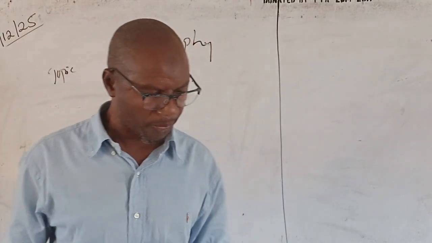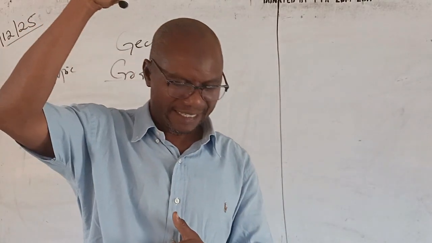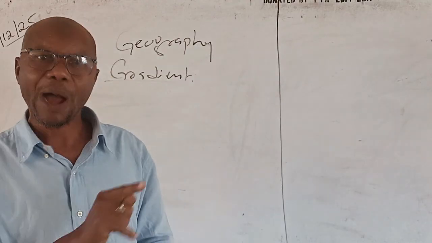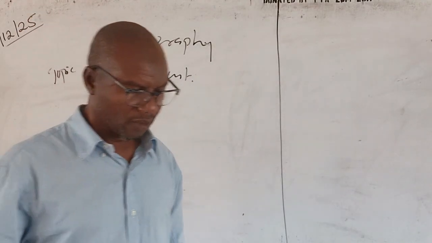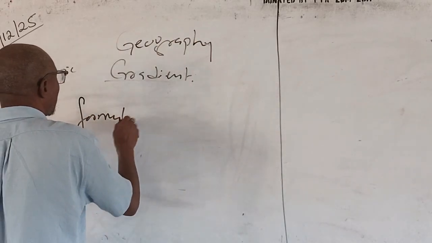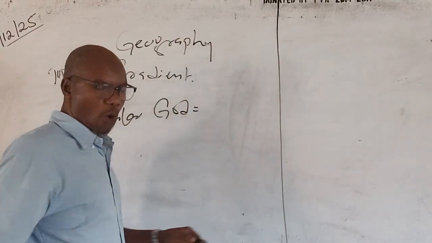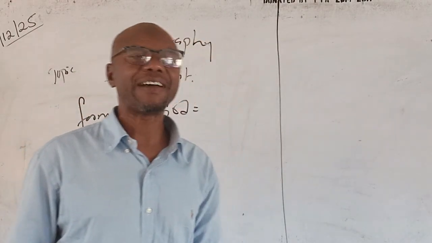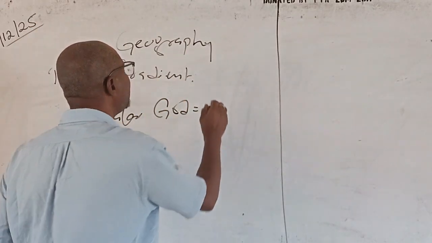Gradient is the ratio of vertical interval against horizontal distance. The formula: gradient is VI, vertical interval, all over HE, horizontal distance.